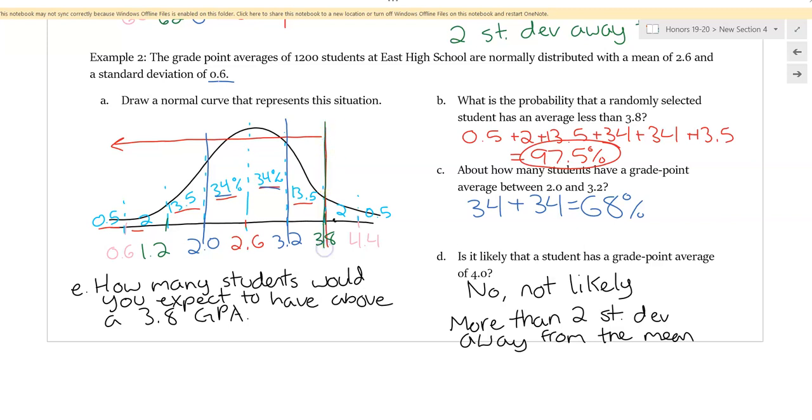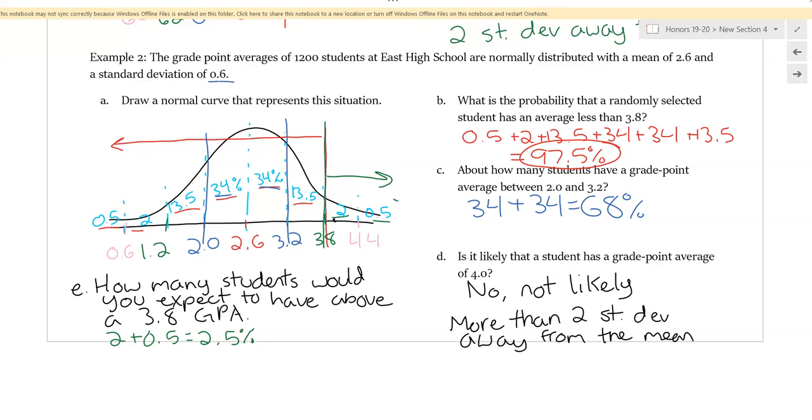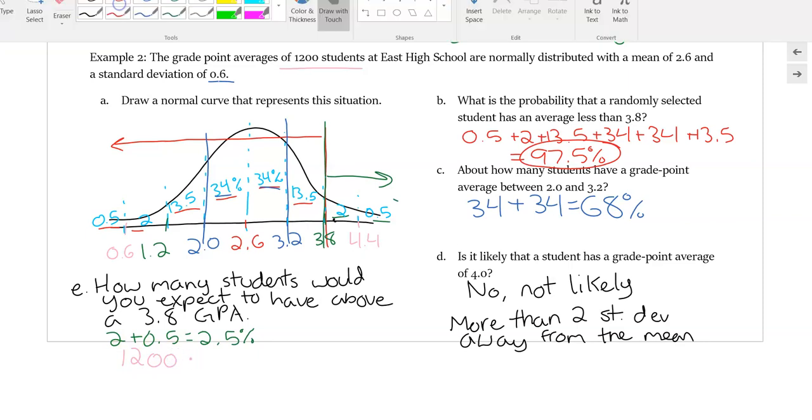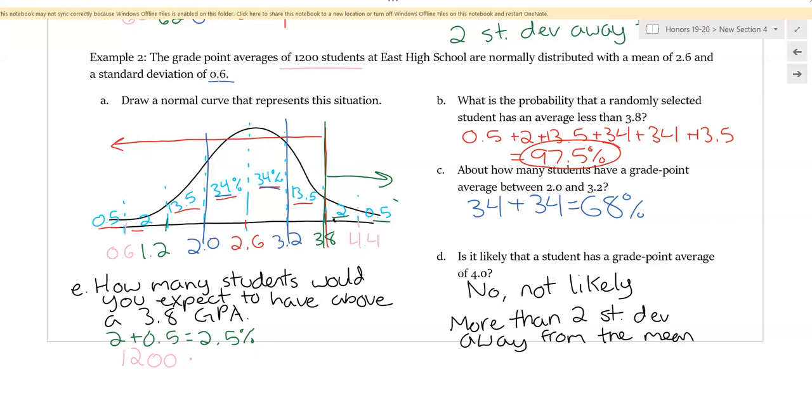So how many students would you expect to have above a 3.8 GPA? Well, here's my 3.8 GPA. Above that, it's the 2 and the 0.5. So I would expect 2.5%, but that's not how many. How many would then be, well, there's 1,200 students, and I want 2.5%, I'm going to multiply by that probability, right?